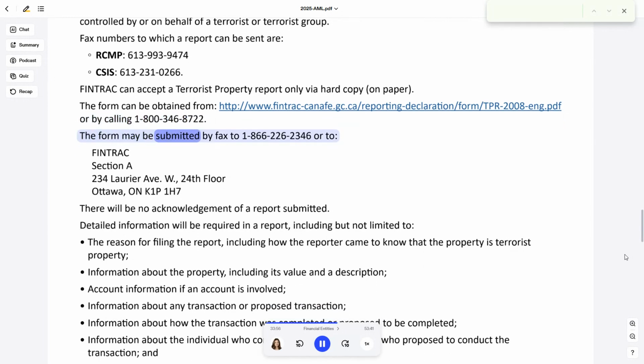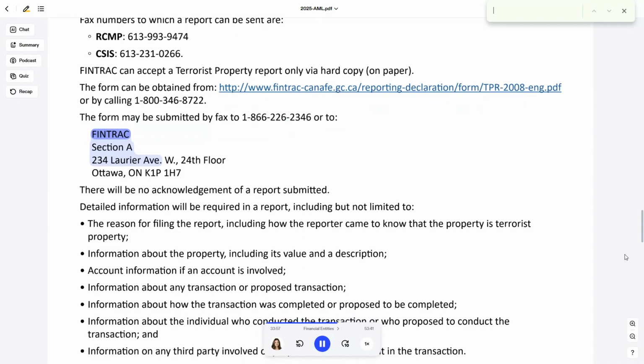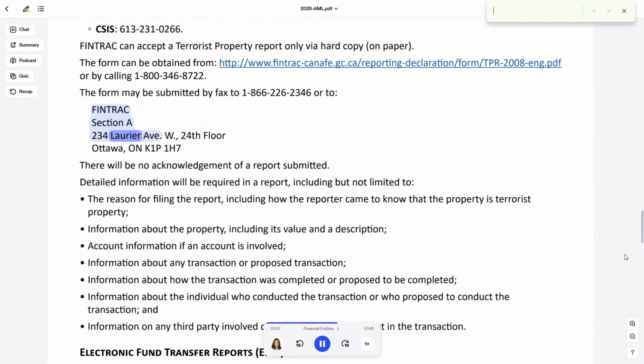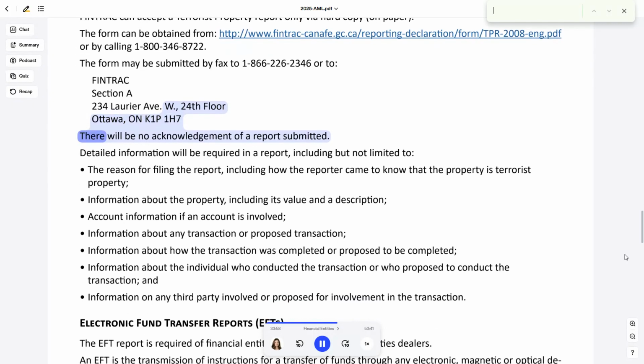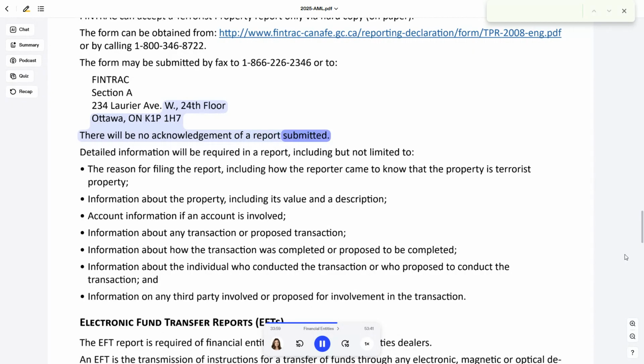The form may be submitted by fax to 1-866-226-2346, or by mail to FINTRAC, Section A, 234 Laurier Ave. W., 24th floor, Ottawa, ON K1P 1H7. There will be no acknowledgement of a report submitted.